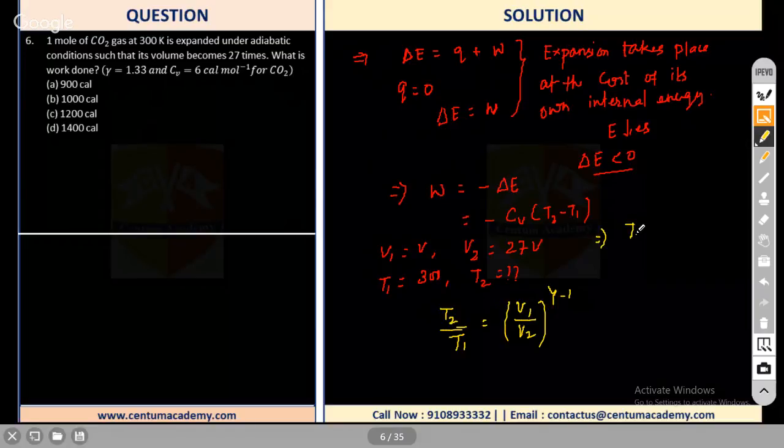So T2 by T1 is equal to 1 by 27 to the power, I think some mistake I have made, 1 by 27 to the power gamma minus 1.